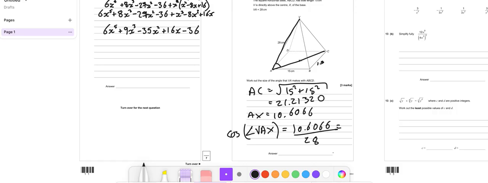So cos to the minus 1. We get an angle of 67.7 degrees to 1 decimal place.